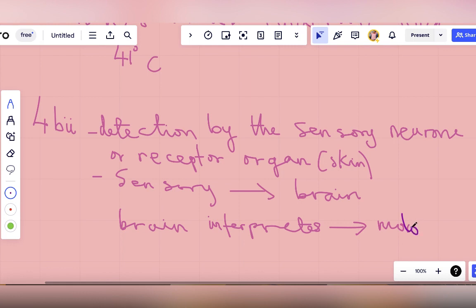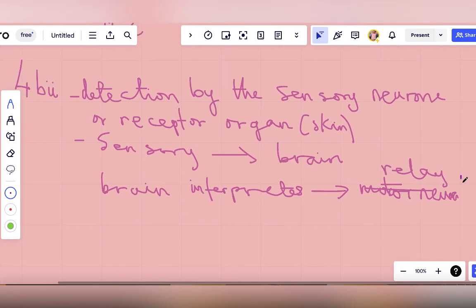Although the motor neurons are in the brain and they will do that job, the brain interpretation is passed to the relay neuron. The relay neurons are in the brain and they are part of the interpretation process, and then the relay will pass to the motor neuron. Relay to motor neuron.